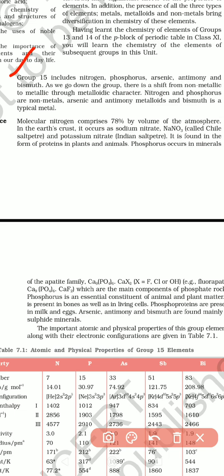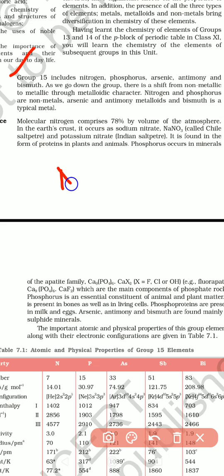Nitrogen and phosphorus are non-metals. Arsenic and antimony are called metalloids, and bismuth is a typical metal, a heavier element.